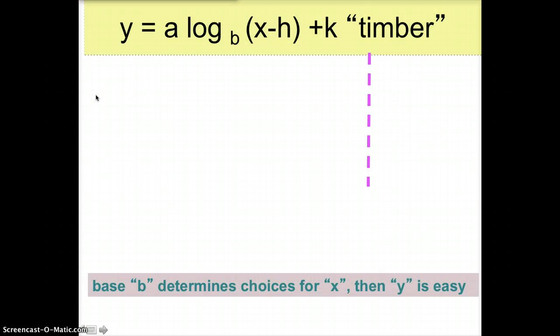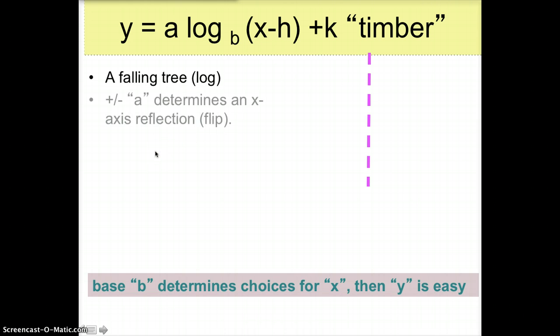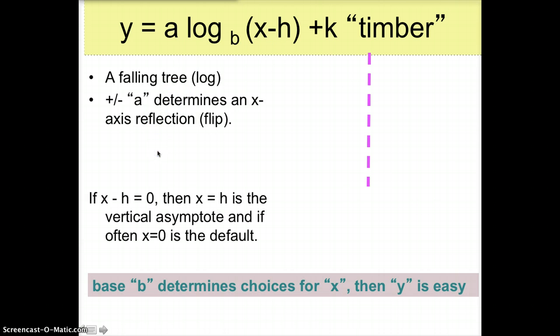So I want to apply this now to logarithm graphing in the form y equals a log base b of x minus h plus k. This may remind you of a, h, and k that has been a theme all along. And I also want to remind you that a logarithm graph is similar to a falling tree.